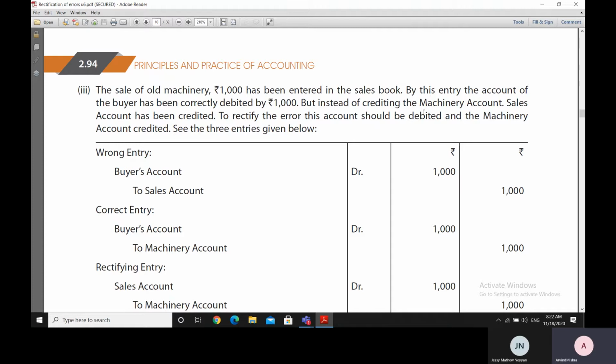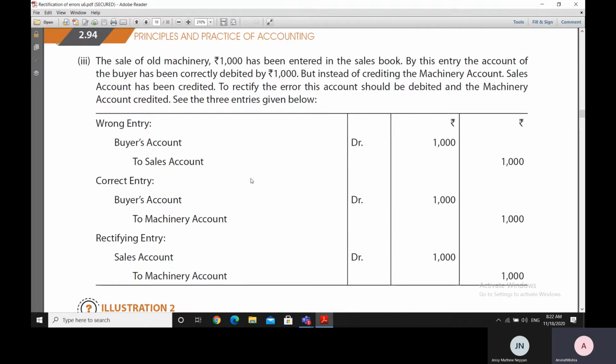Now, sales account has been credited by mistake here. So we have to correct this error, and therefore we make the rectifying entry. So let us see how the rectifying entry is being made.